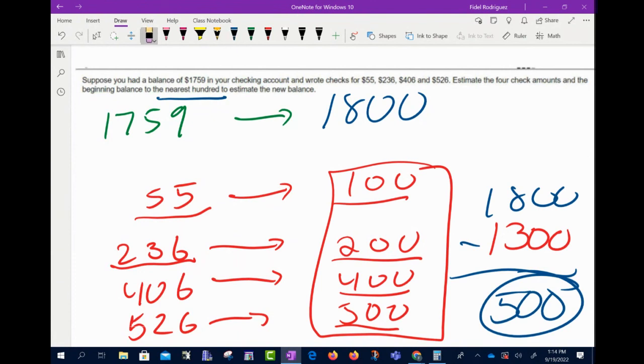Should this have been 1200? Right? 1200 instead? Because 5 and 2 is 9, and 2 more is 11, and 1 more is 12. Yep. Okay, so that's actually 600, right? Oops. Okay. And so there we go. There's our estimate, right?